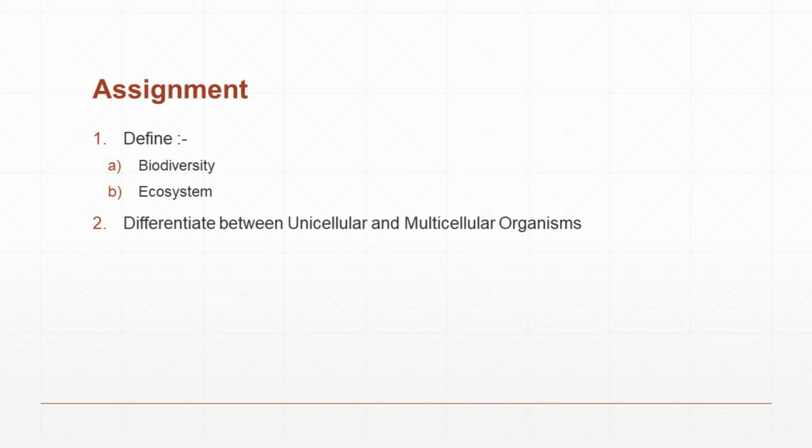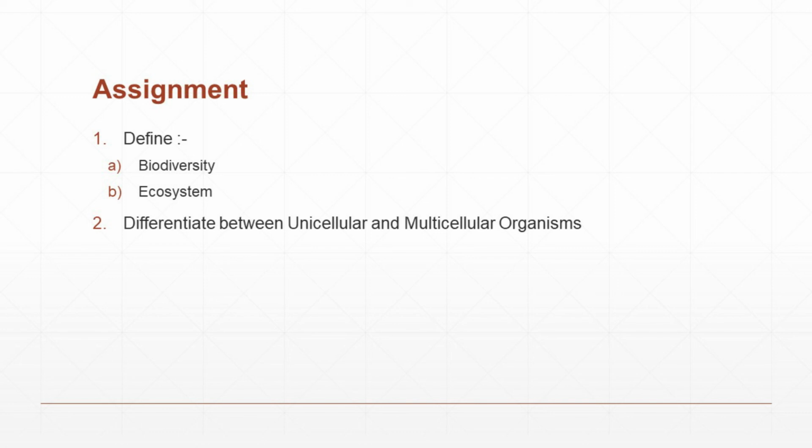Next, the assignment. You have a notebook. You take the notebook, refer to the questions, and you have to write the answers. Number 1, define. A, biodiversity. B, ecosystem.